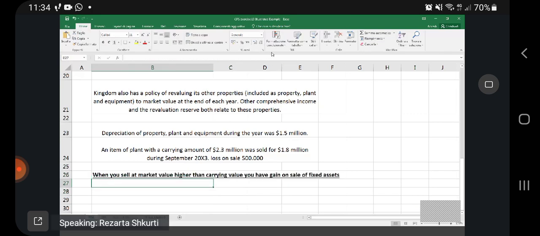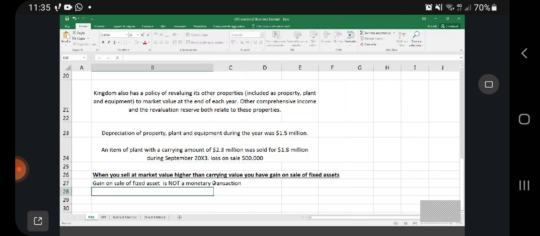Remember that. What is monetary, what involves cash, is how much cash you have received. Being a loss or a gain, that is not monetary, okay?